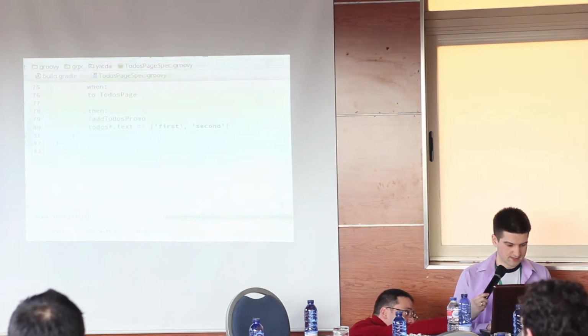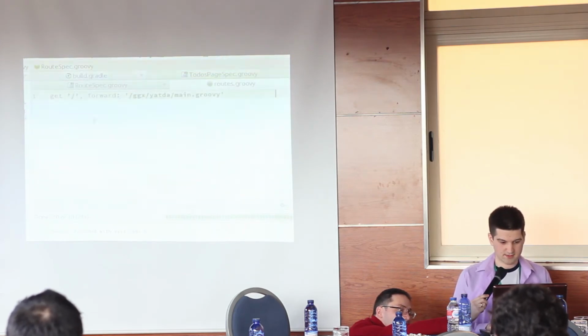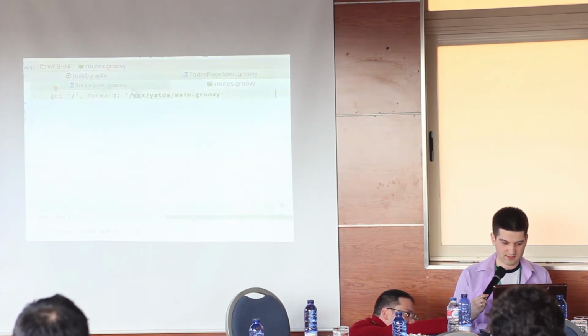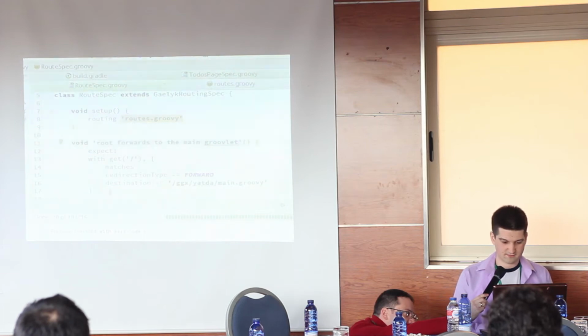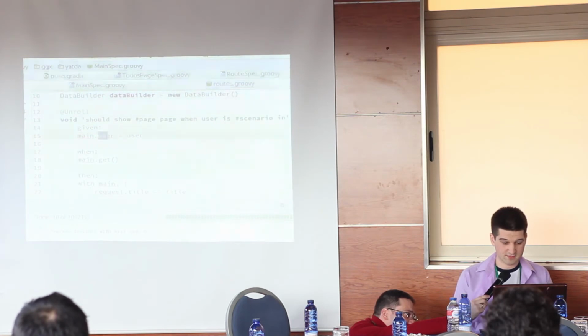Next thing, let's have a quick look at what we have in our root spec. Maybe the routes first. It's really simple. Whatever hits the application is redirected to our main groovelet, and we have tests for that. It looks exactly the same as I showed you on the slides. And we also have a test for our main groovelet, which basically tests that if a user is logged in, this is how we mock a logged in user in our unit tests.